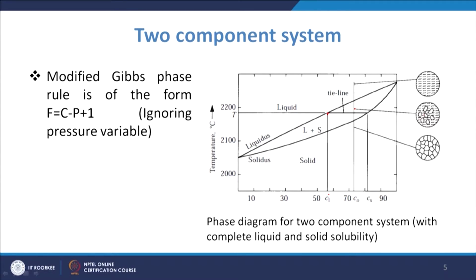Now, the liquid zone will have the composition Cl, and the solid formed will have the composition Cs, and accordingly when you are coming to this point, it is completely solidified, it will have the composition of C naught. So, the tie line will tell you the composition of the phases. Now, another thing is what will be the amount of solid formed at a particular temperature.